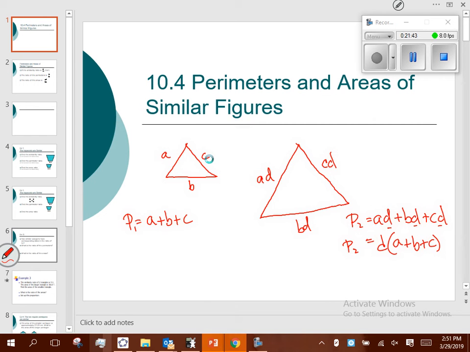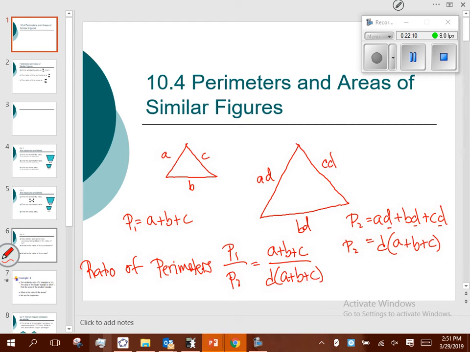Okay. Now, if I wanted to talk about the ratio of perimeters, this would look like P1 over P2, correct? P1 is A plus B plus C. P2 is D times A plus B plus C. Now, A, B, and C were just numbers, right?